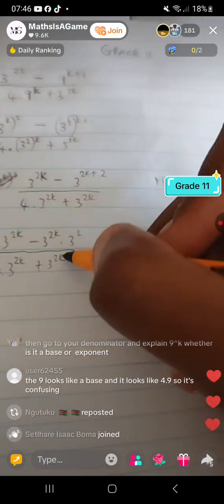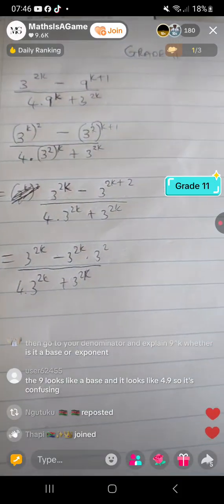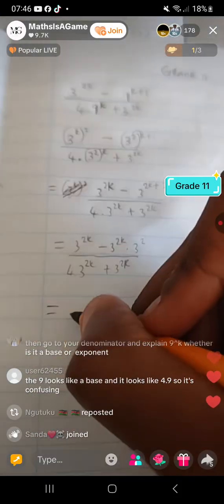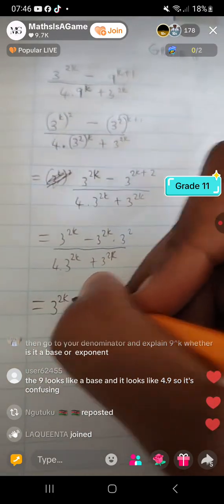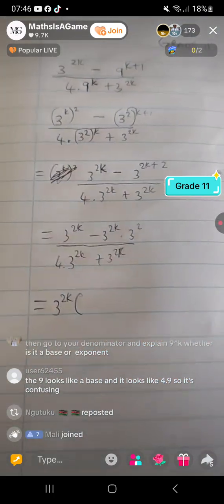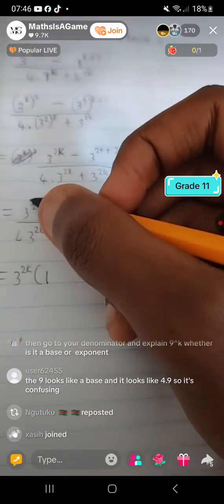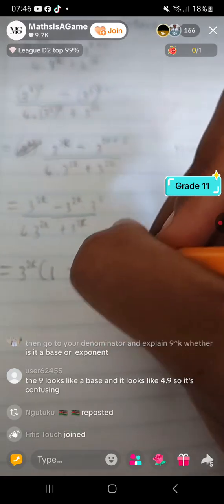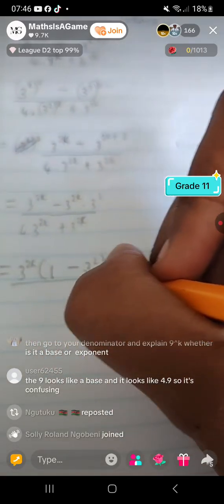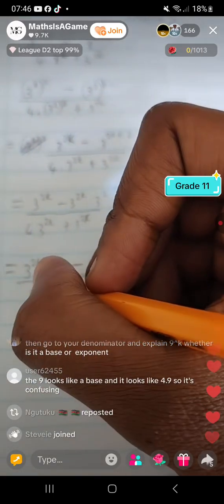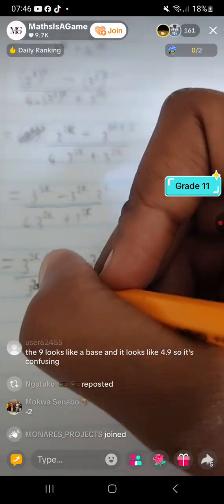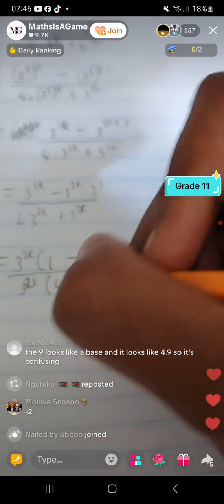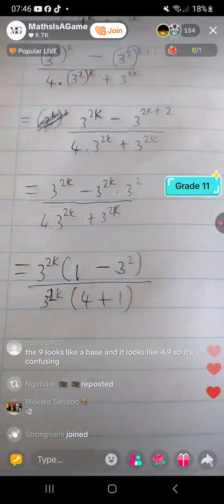Already I can see a highest common factor, very clear. Take out the common factor at the top, which is 3 to the power 2k. What are we left with? On the left, we are left with 1, minus 3 to the power 2. As well, at the bottom, we have 3 to the power 2k, left with 4 plus 1.